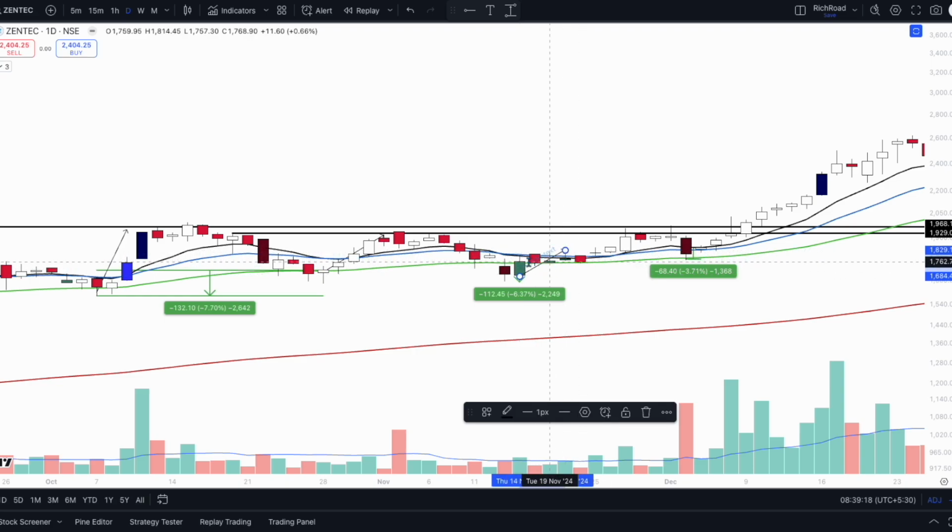Then you went into a flat contraction consolidation for a few days, 5-6 days, and then you had this move, because of which when the price came here there was a reason for you to give support, which was not over here. That is why you directly just came at 50 and then got the support.